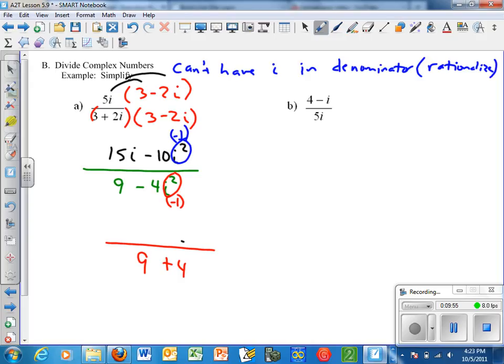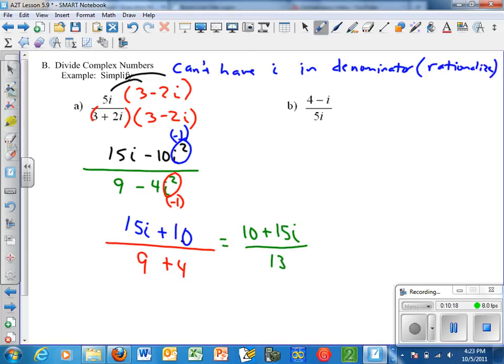So I really have 15i minus a negative 10, or plus 10. Okay, so let's simplify this a little further. And I'm actually going to put my real part first, so I'm going to write the top as 10 plus 15i. We like to have the non-i part first, over 13.